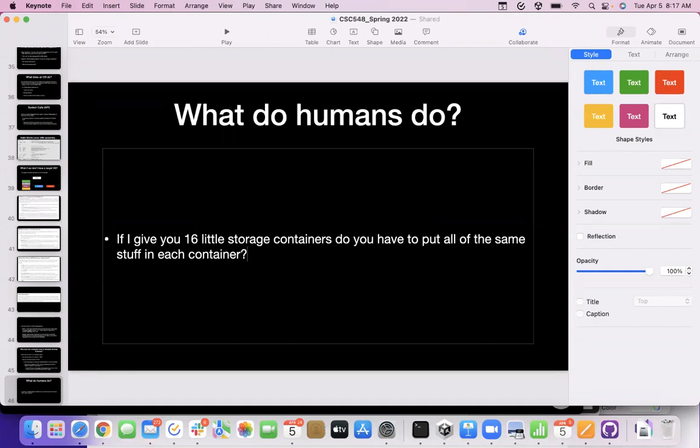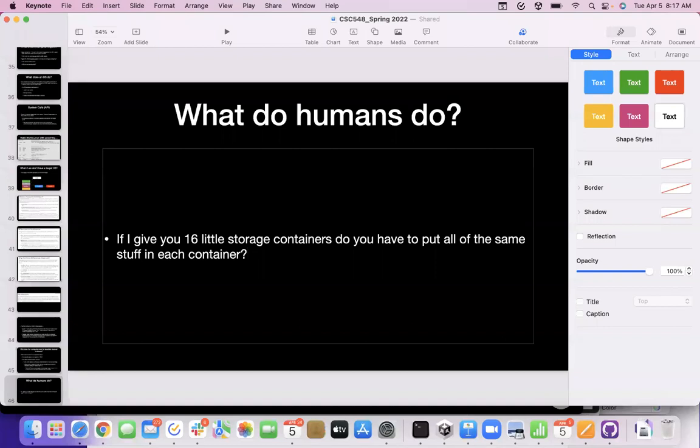So let's say at your house, you have the Tupperware containers, and I give you 16 little Tupperware containers, you know, for keeping leftovers and stuff like that. Do you have to put the same stuff in all 16 containers, or can you put mashed potatoes in one and, you know, leftover chicken in another one? You could put different stuff in different containers, right? That seems obvious to a human being.